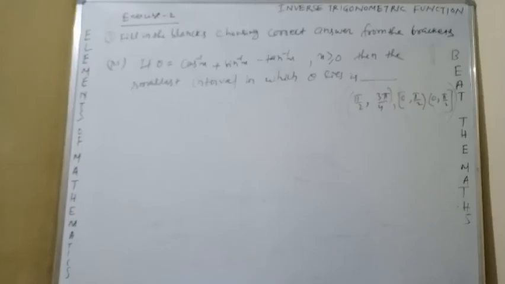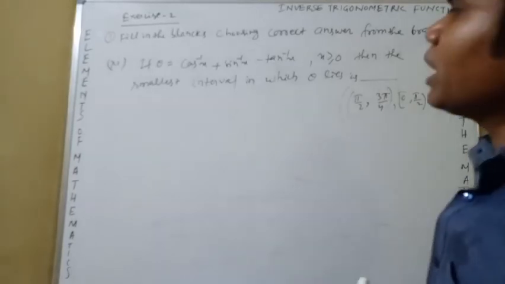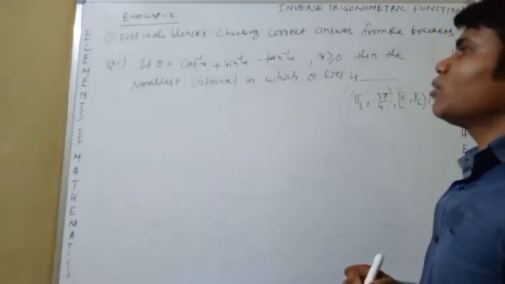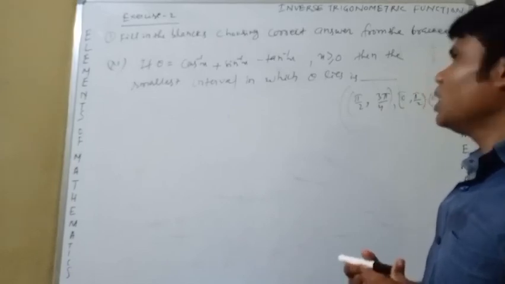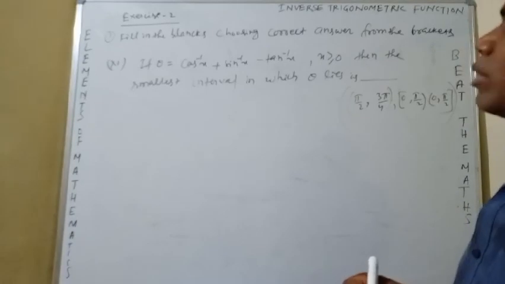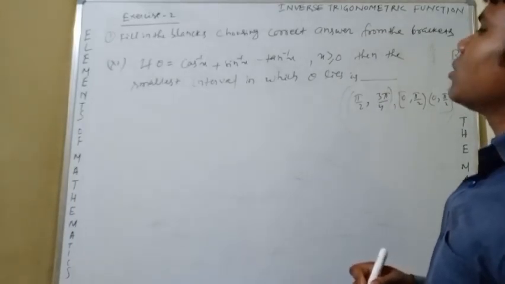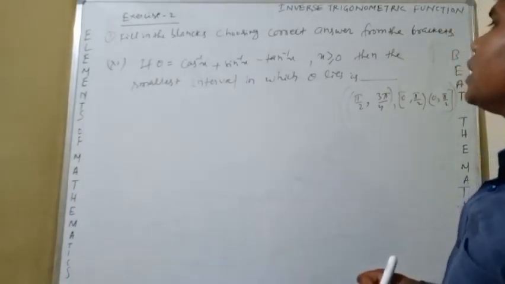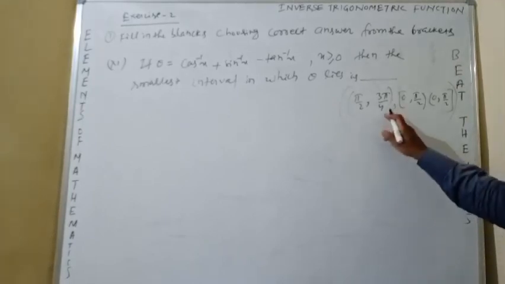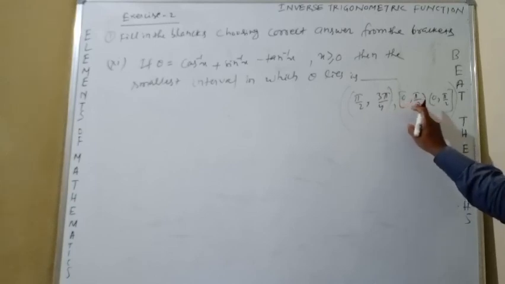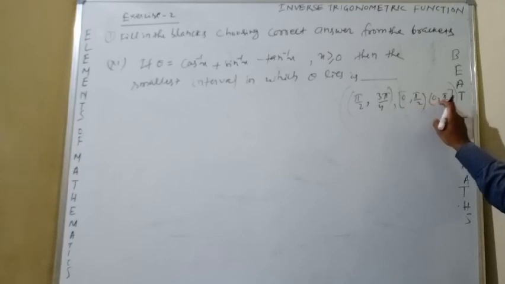You see the next question: if theta is equal to cos inverse x plus sin inverse x minus tan inverse x, x greater than or equal to 0, then the smallest interval in which theta lies is dash. The options given are pi by 2 to 3 by 4, 0 to pi by 2 with brackets, and so on.